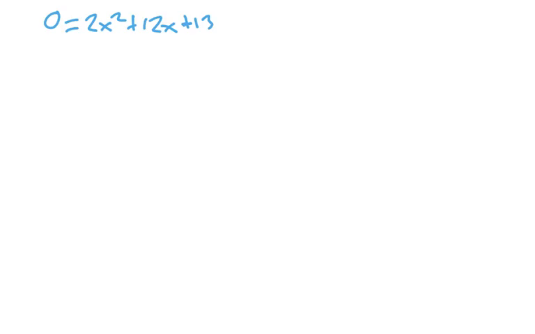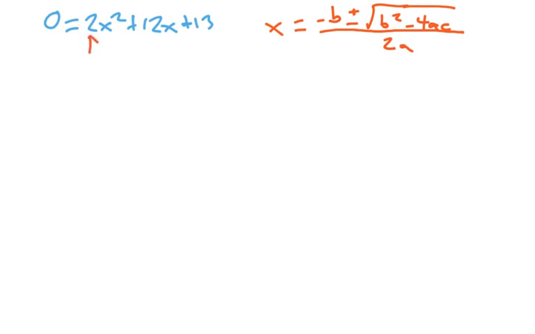And remind ourselves of the quadratic formula while we're in the neighborhood. x is equal to negative b plus or minus the principal square root, b squared minus 4ac, all over 2a. And hopefully you remember the little song. My a would be 2. My b would be 12. My c would be 13. Let's plug all that in.